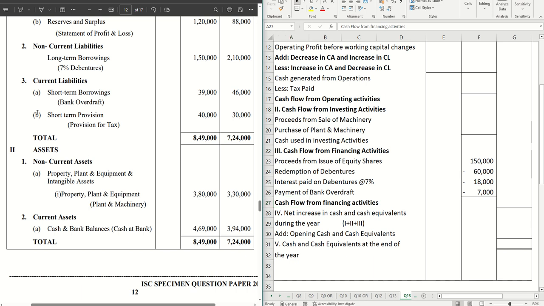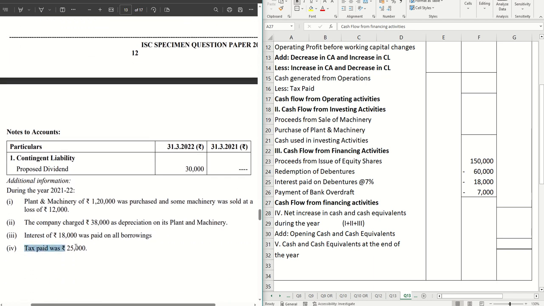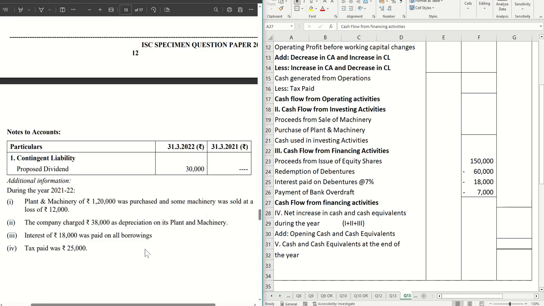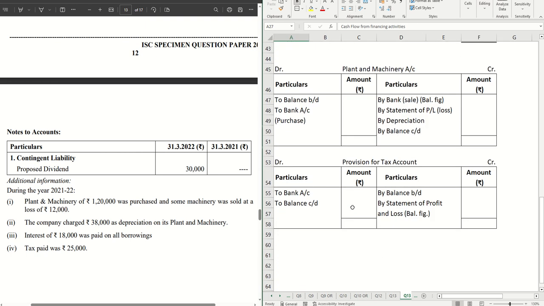Next, we have short-term provisions given to us as provision for tax, where we have the opening and the closing balance. However, always check the additional information for the third information. Whenever you have the third information given to you, you have to prepare the provision for tax account to calculate the fourth information.